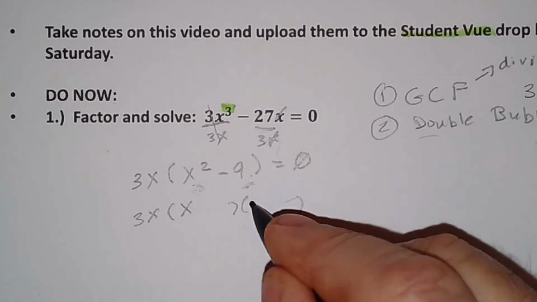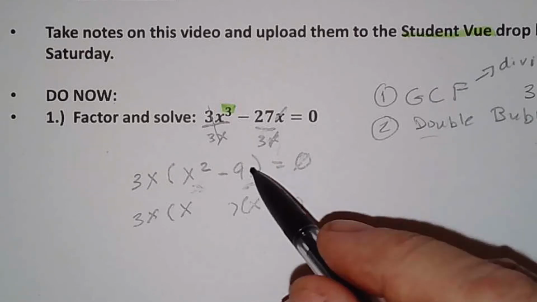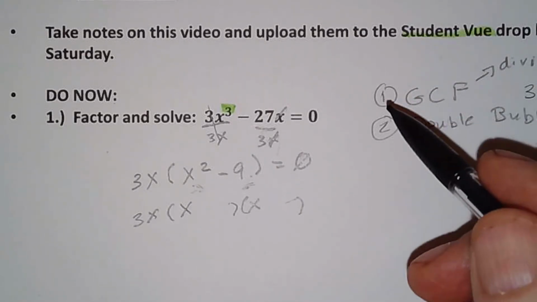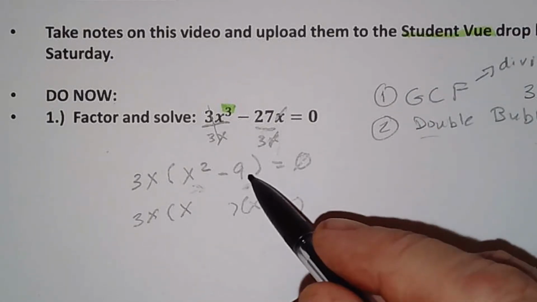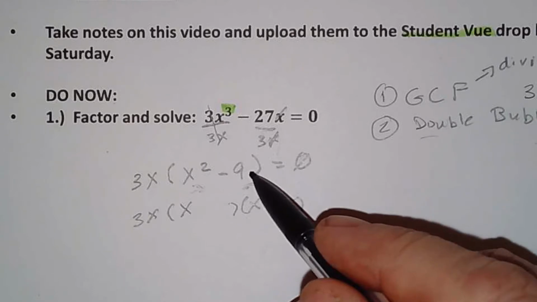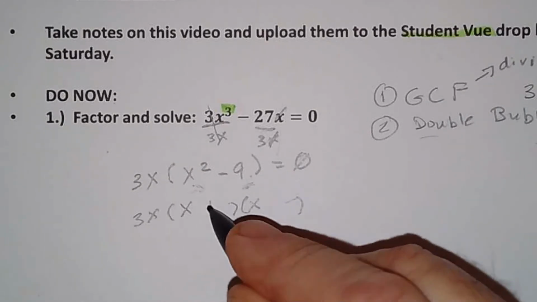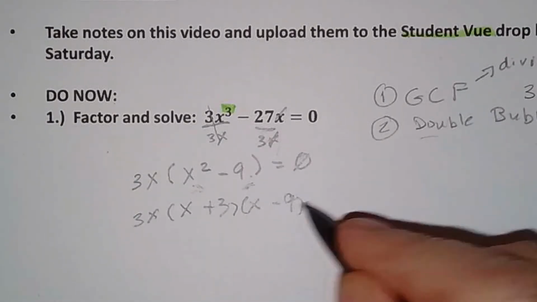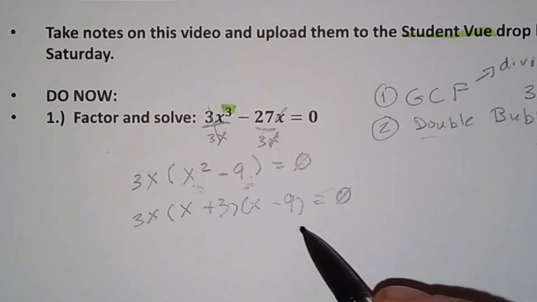So we end up with x as our first term in each of these bubbles. And then what times what equals -9? Well, there are a number of different things, but 3 times -3. So +3 times -3 looks like that will give us -9. And that all equals 0 again. So that's the double bubble.